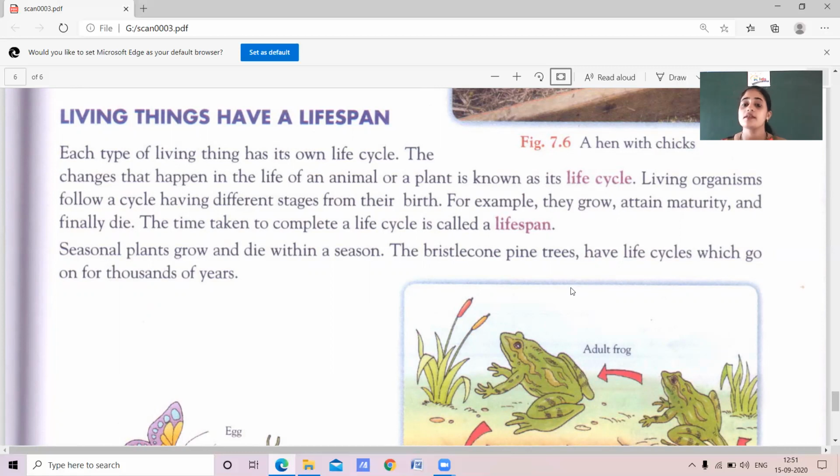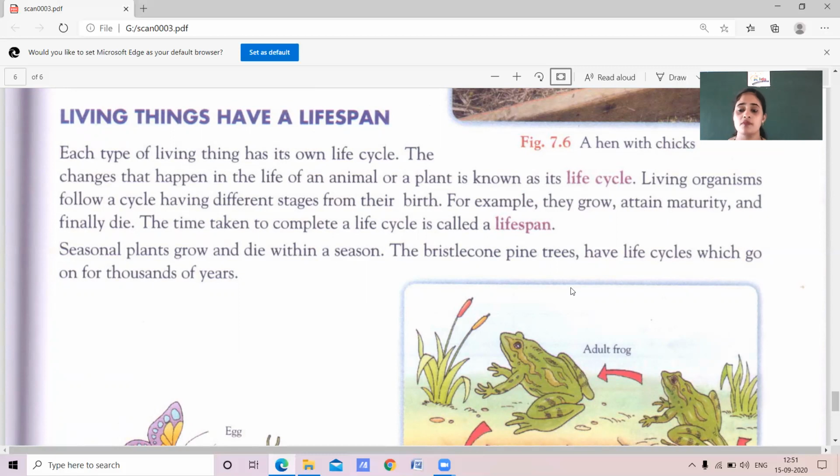Second, they attain maturity. And finally, they die. The time taken to complete one life cycle, we call that the lifespan.